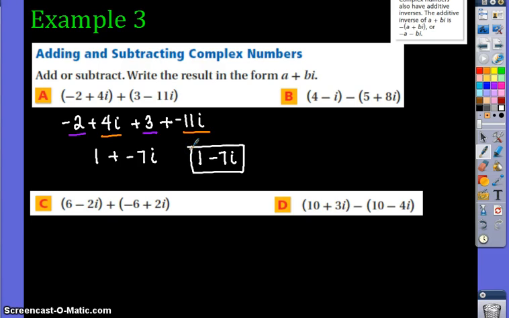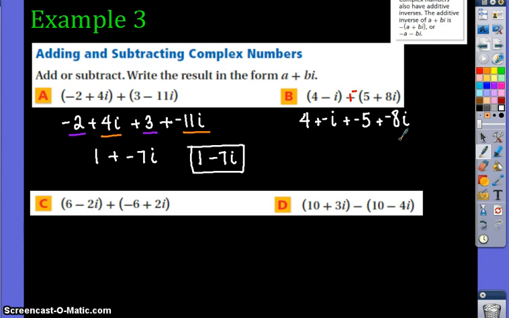All right. Over here we have 4 minus i minus the quantity of 5 plus 8i. And here we definitely want to change this to plus a negative so that we can distribute that negative correctly. So I'm going to just carry this down. This is going to be 4 plus a negative i. And then let's distribute that negative. So plus a negative 5 and then plus a negative 8i.